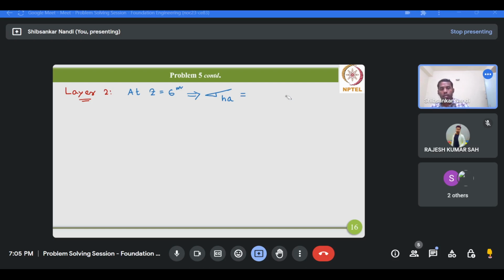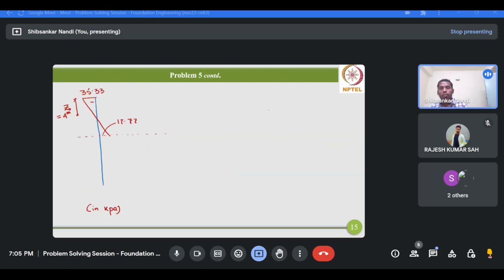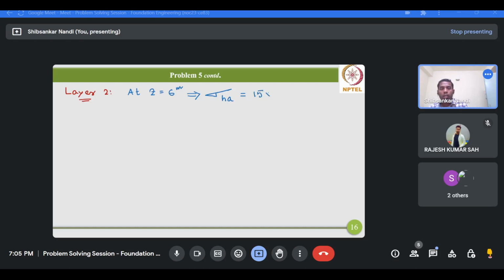We can write gamma 1 Z plus gamma 2, but it will be difficult to write because Z will now change. So rather we can write the final expression, that is 15 times 6 multiplied by K2. K2 is what? 0.27.